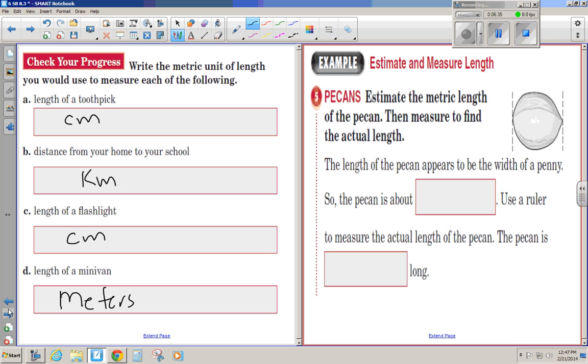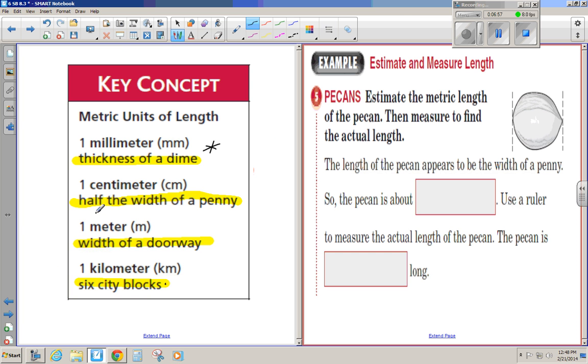All right. So let's estimate the measure of length. Estimate the metric length of a pecan, then measure to find out the actual length. The length of the pecan appears to be the width of a penny. If we go back to our table here, a centimeter is half the width of a penny.